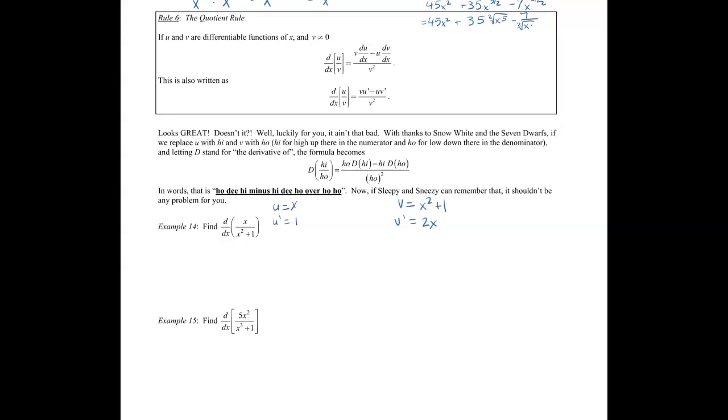Alright, so now I've got v times u primed minus u v primed all over v squared, which should be the derivative with respect to x.